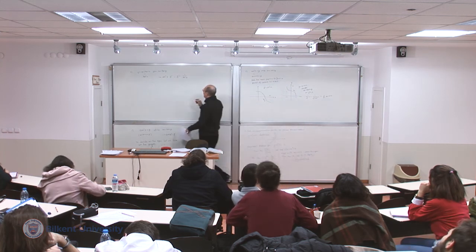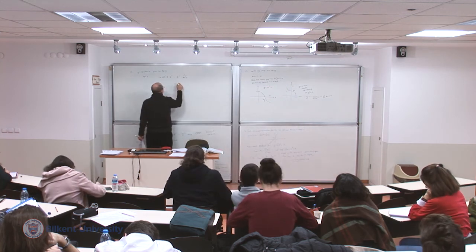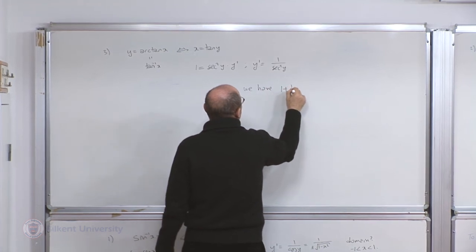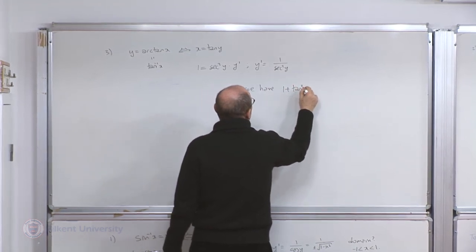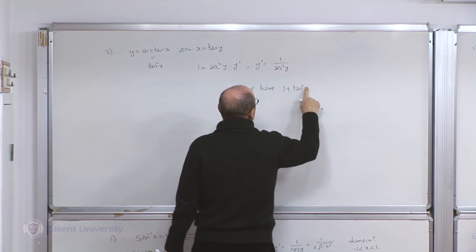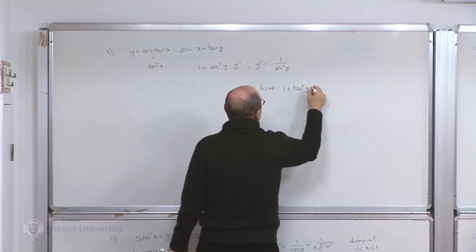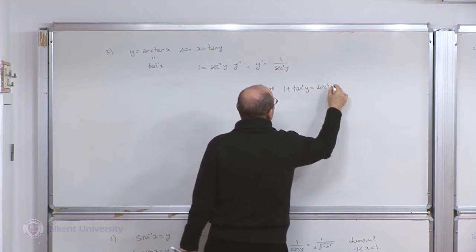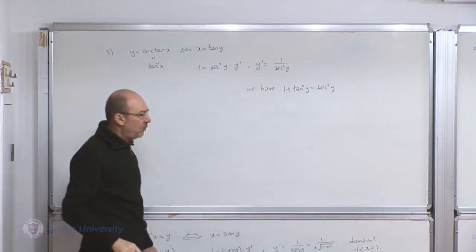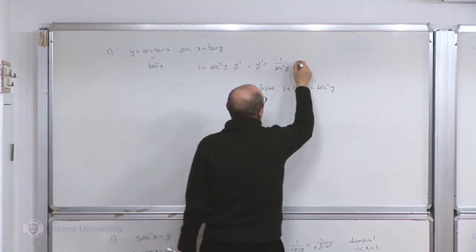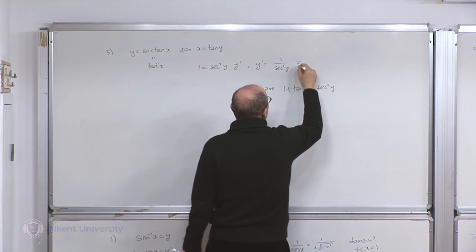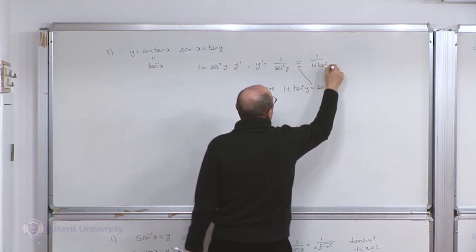So we have 1 plus tangent square y is equal to secant square y. Well, it's already there. It's very convenient. So I take this over here. This is 1 over 1 plus tangent square y.